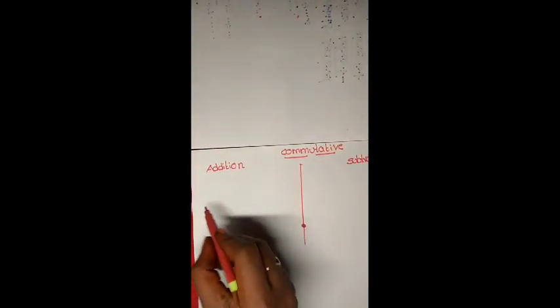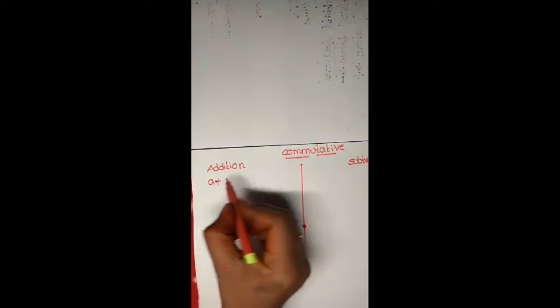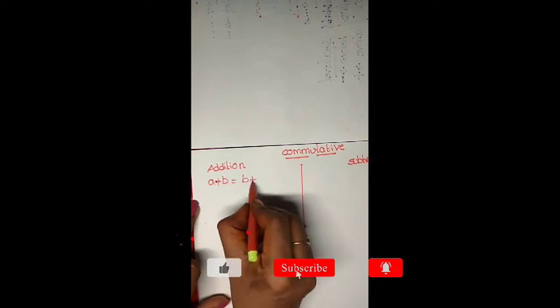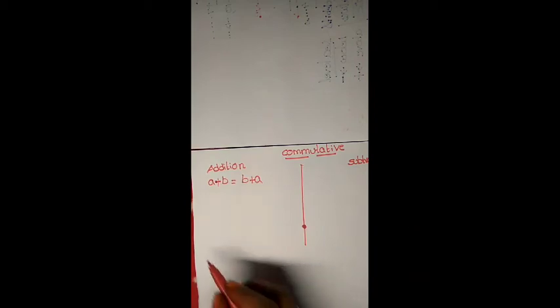First we see addition and then subtraction. For the commutative property, the condition is if a, b belongs to Z, a plus b equals b plus a. If this condition is satisfied, then commutative property under addition is satisfied.